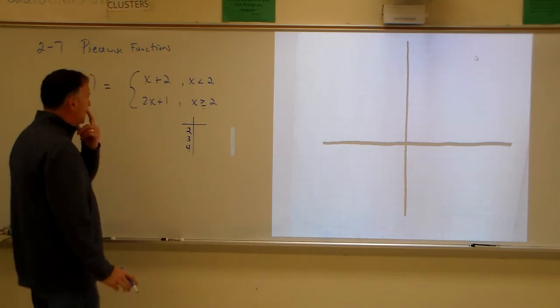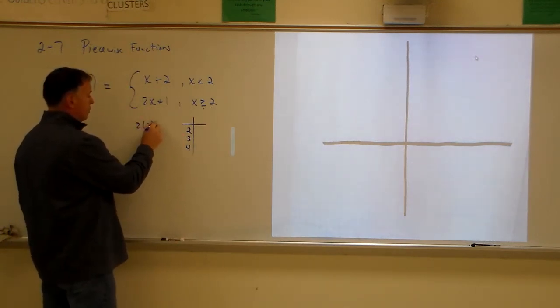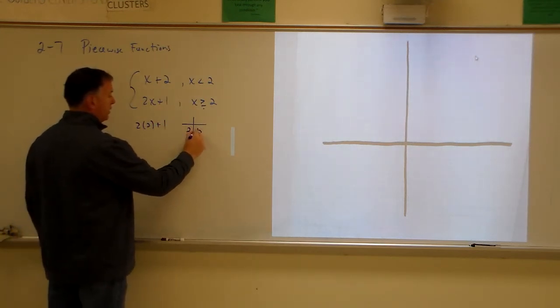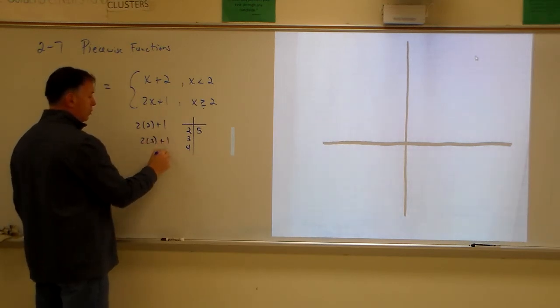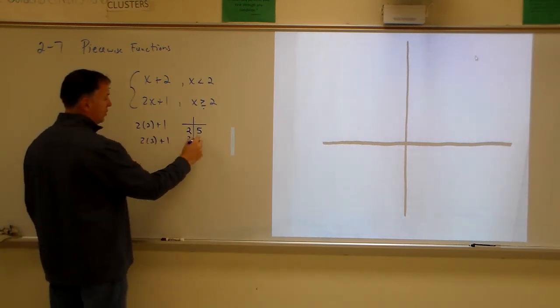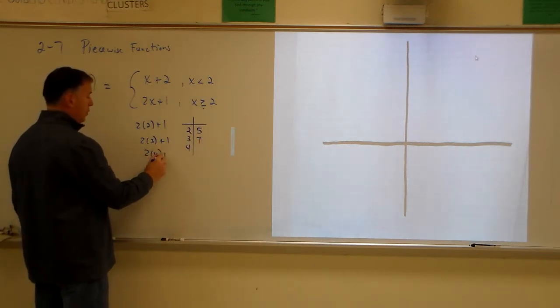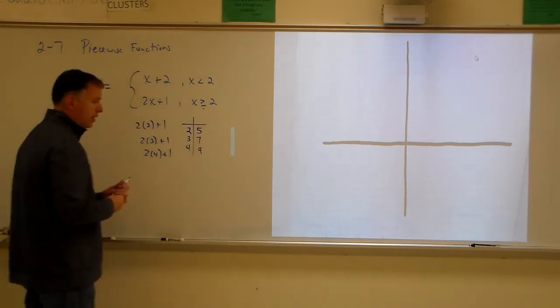Plug a 2 in: 2 times 2 plus 1, 2 times 2 is 4, 4 plus 1 is 5. Plug a 3 in: 2 times 3 plus 1, 2 times 3 is 6, 6 plus 1 is 7. Plug a 4 in: 2 times 4 plus 1, 2 times 4 is 8, plus 1 is 9.